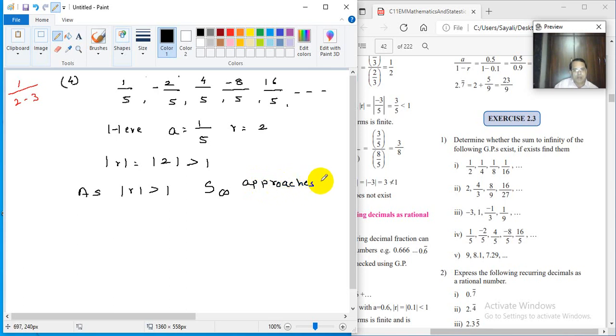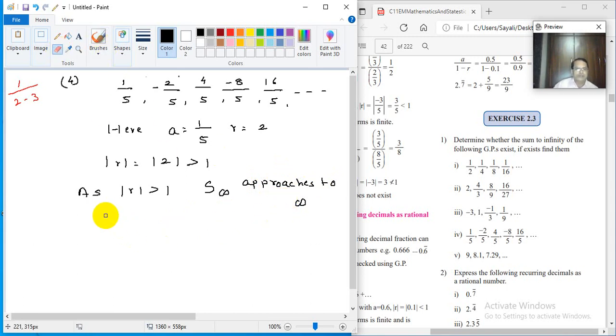Approaches plus infinity. Or means approaches infinity, we will say, not necessarily plus. It depends on what the terms are.